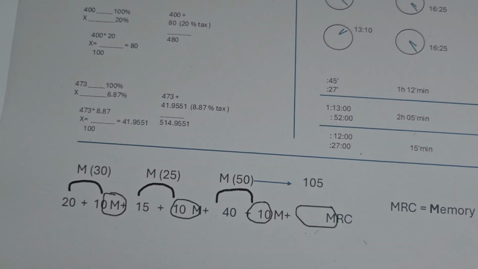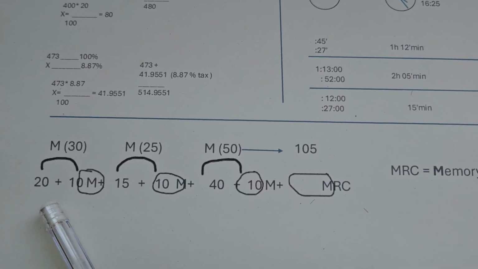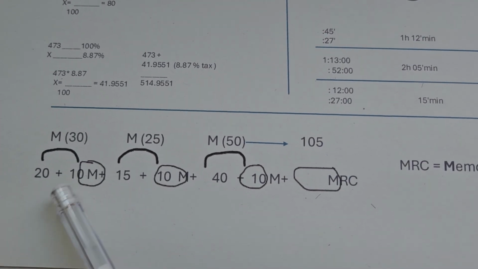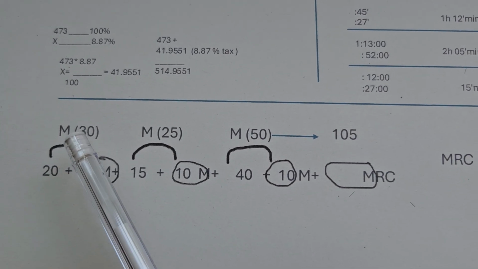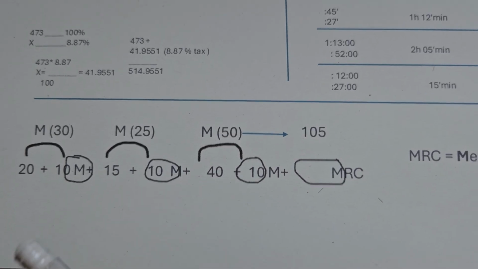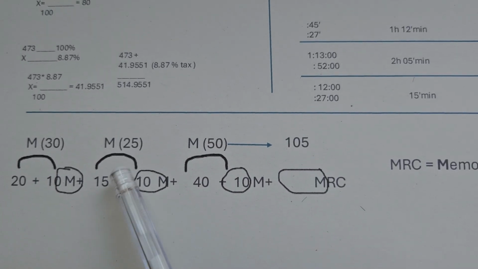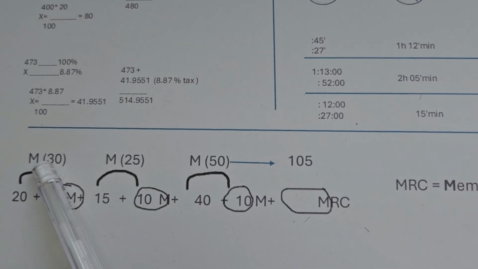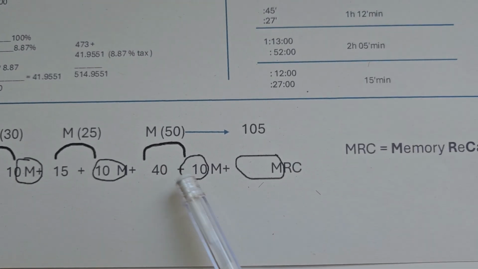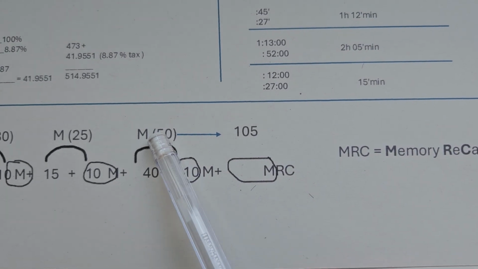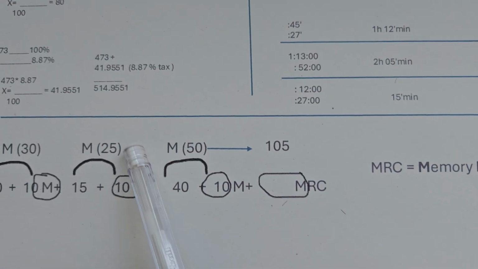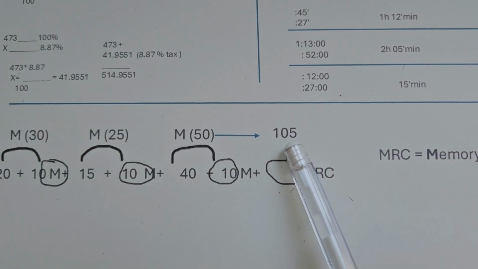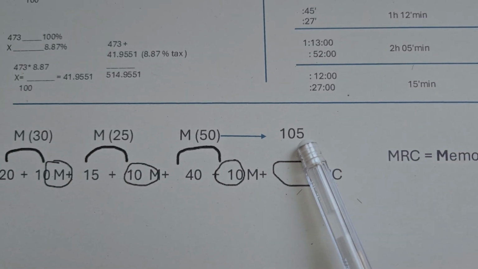So for example, if I want to calculate 20 plus 10, and then have this subtotal saved in the memory, then I want to calculate something else. I want that subtotal to be saved to the memory and be added to what's already in there, and then see at the end the grand total from the memory.